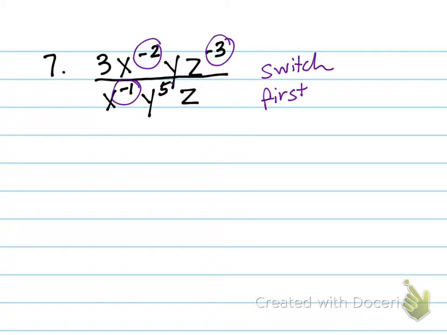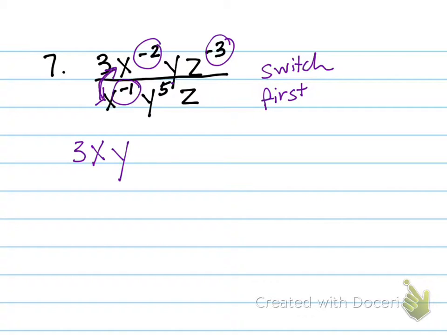So if I were to flip these, my new numerator, if this would become squared on the bottom and x to the first on top, I would have 3x to the first y.